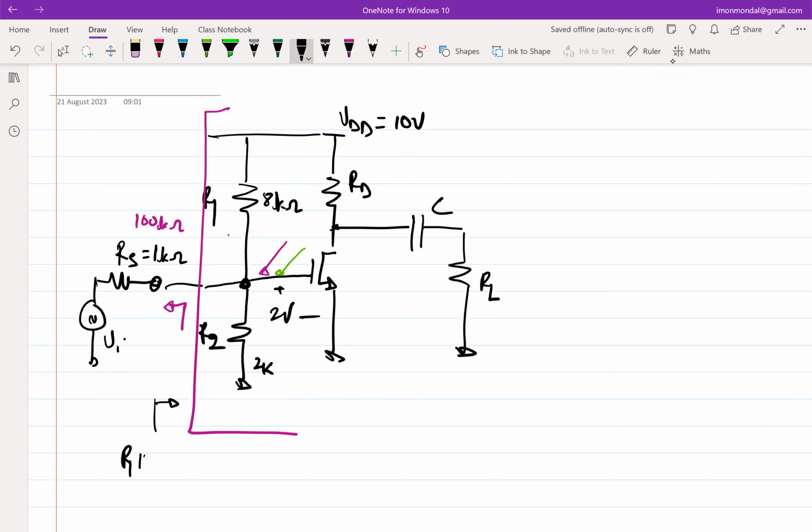R1 parallel R2, because to find the Thevenin resistance, you essentially short VDD, so both sides of R1 and R2 go to ground. So it becomes 2K parallel 8K, approximately 2K. So R1 parallel R2, which is 2K, is loading RS. So a very small fraction of VI will appear at the VGS. So again, this will be a problem. So we will have to do something.